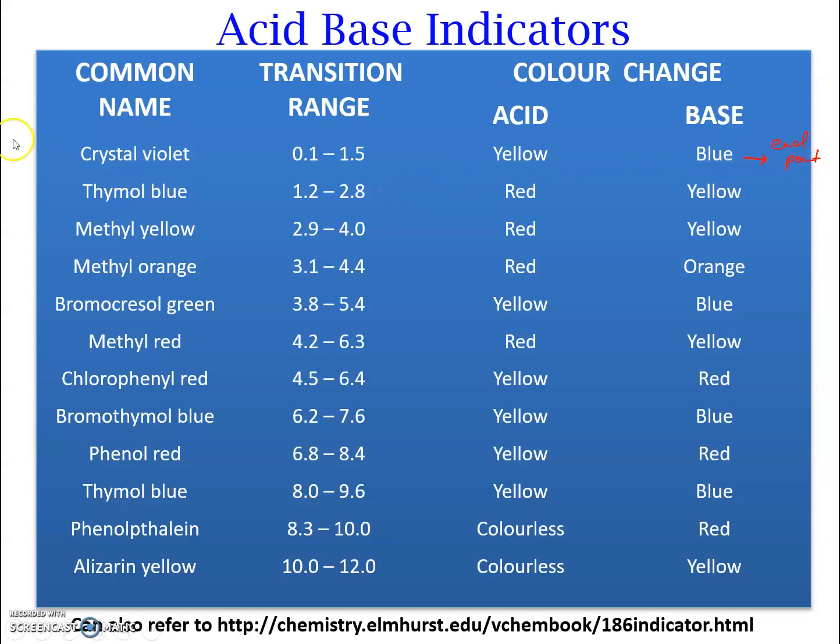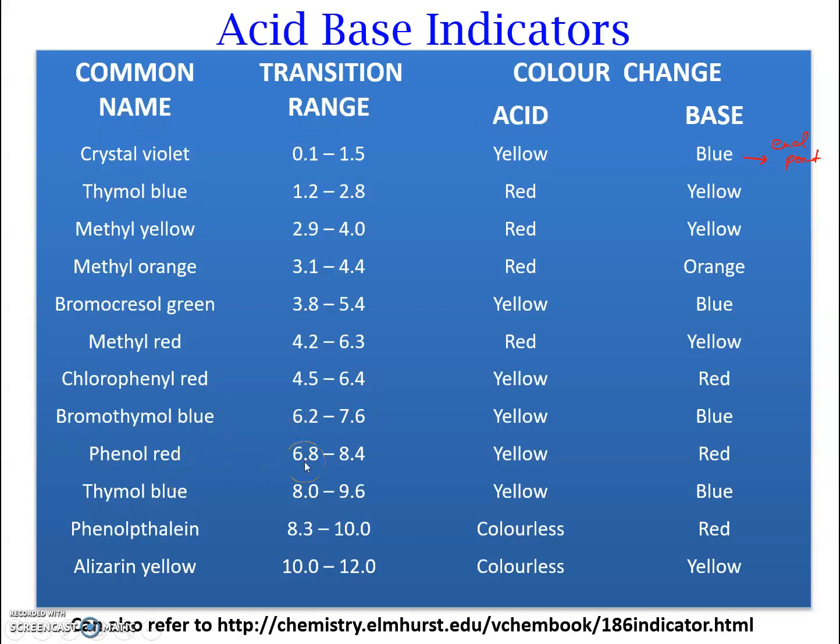Other examples of indicators: thymol blue, 1.2 to 2.8, methyl yellow, methyl orange, bromocresol green. From crystal violet to bromocresol green, the pH range is slightly low. Methyl red, chlorophenol red, bromothymol blue have a pH range of about 4.2 to 7.6, towards neutral.